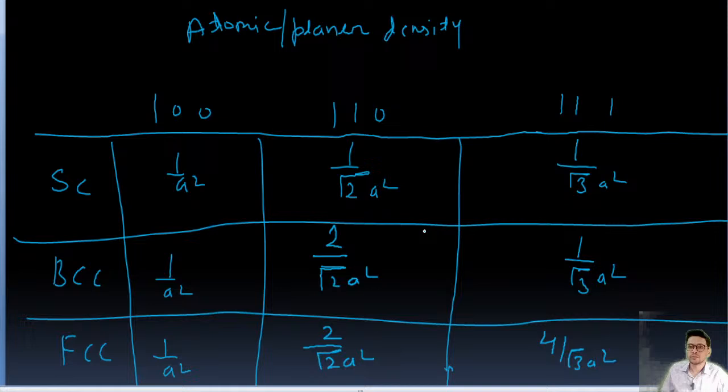So you just need to write simple things. You just need to write 1 upon a square, 1 upon a square, 1 upon a square, 1 upon root 2 a square, 1 upon root 2 a square, 1 upon root 2 a square, and here you need to write 1 upon root 3 a square, 1 upon root 3 a square, 1 upon root 3 a square. Only in these two positions you need to multiply by 2, and here you need to multiply by 4.